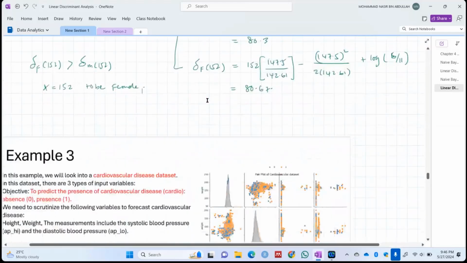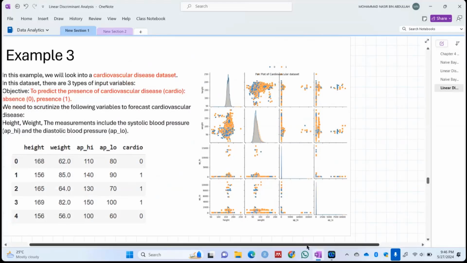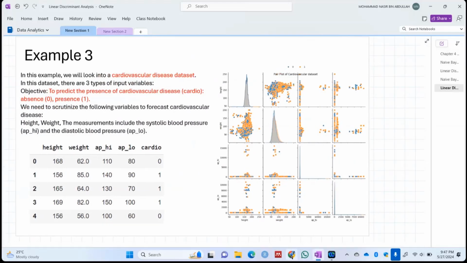Right. Okay. So example number 3, when we have more variables. In this example, I already provide you a Python code. You can go to my website.